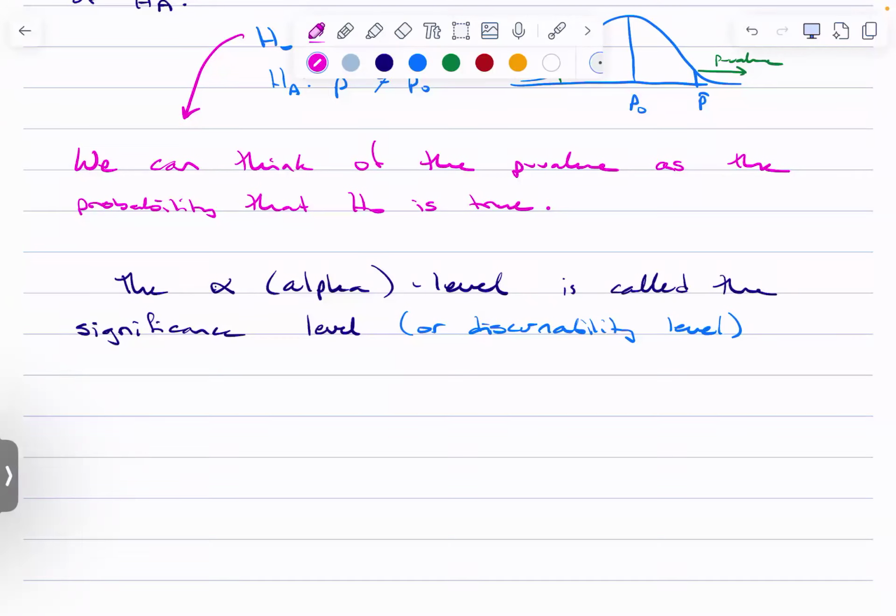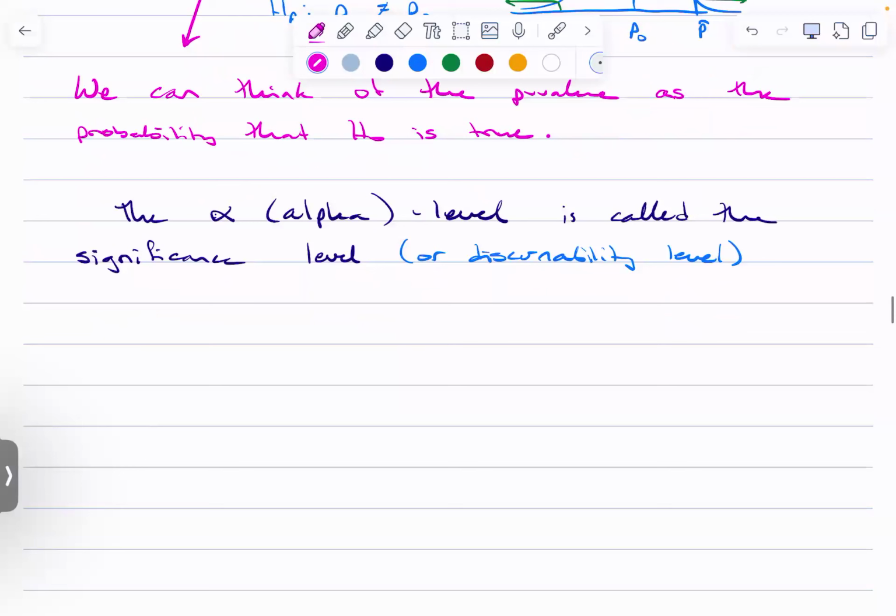And the default alpha level is 0.05 or 5%. If I don't tell you what alpha level to use, then you use 0.05. But sometimes, just for getting flexy, it'll say use a significance level of 0.1 or 0.01.